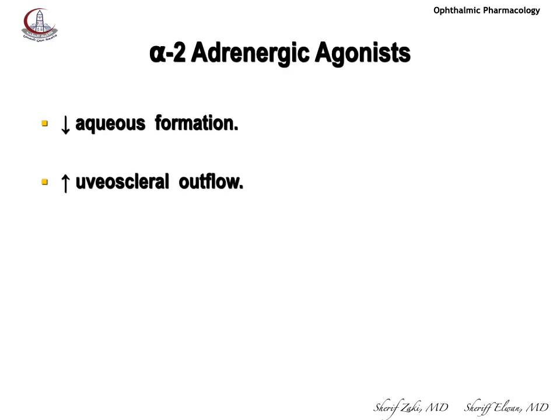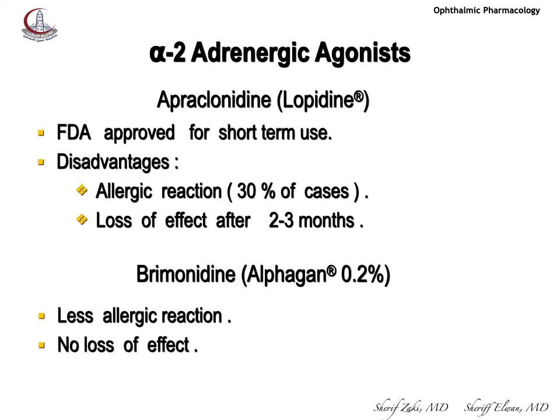Now, alpha adrenergic agonists, as we said before, decrease aqueous formation and increase uveoscleral outflow of aqueous. The drugs are apraclonidine, known commercially as Iopidine, and brimonidine, known commercially as Alphagan.